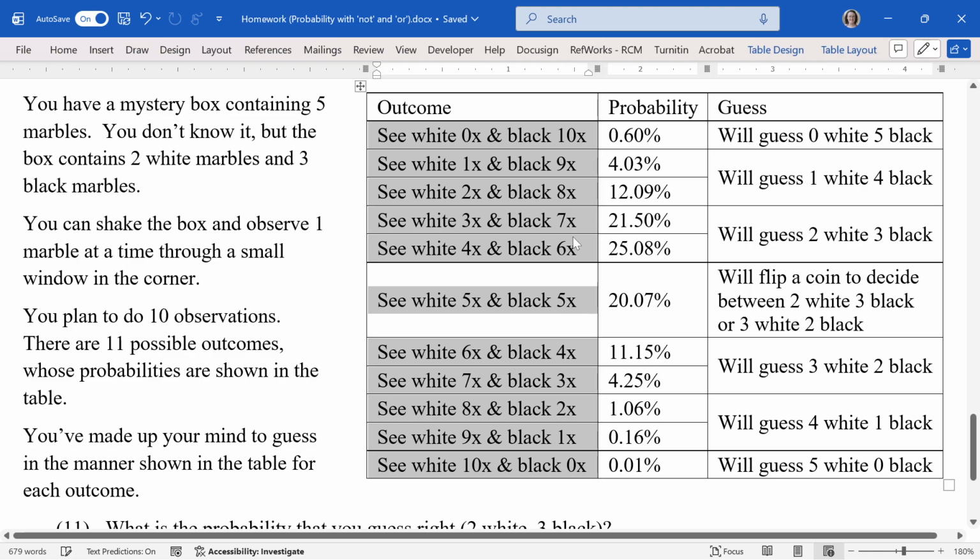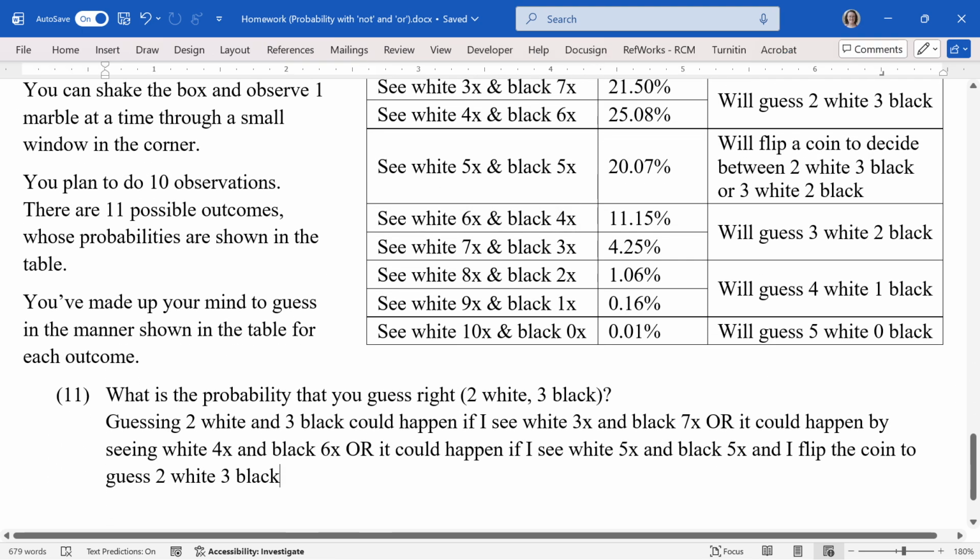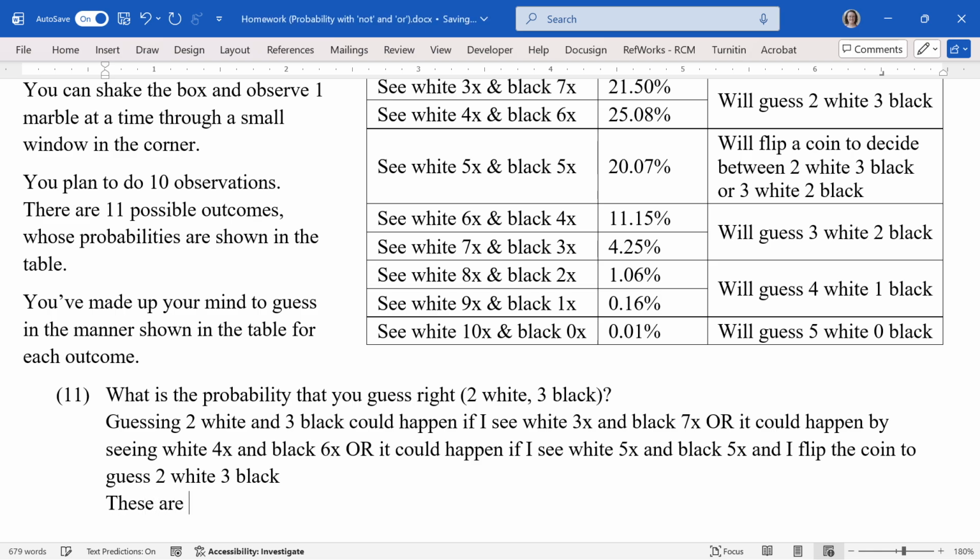If I saw 4 white marbles and 6 black in the little window, then I didn't do any of these other things, right? Because I'm only shaking up the box 10 times. Okay, so these are mutually exclusive outcomes. So we can just add up their probabilities.